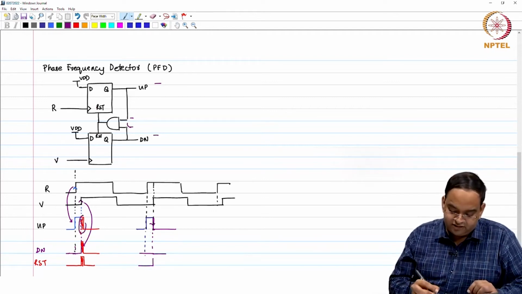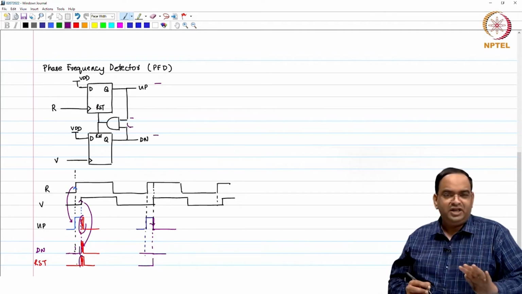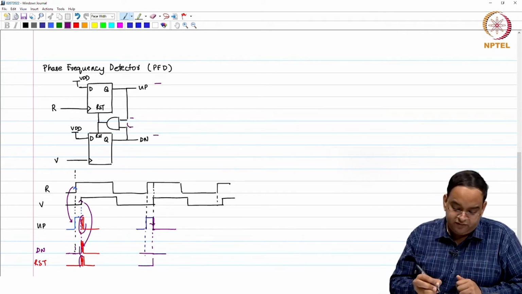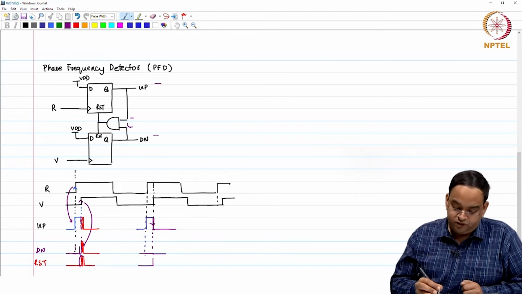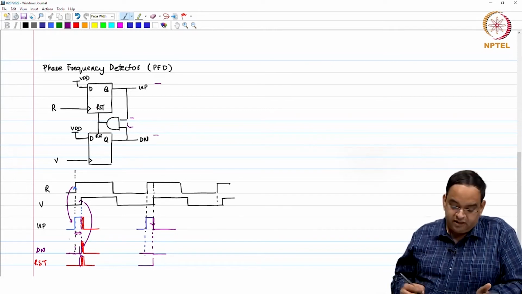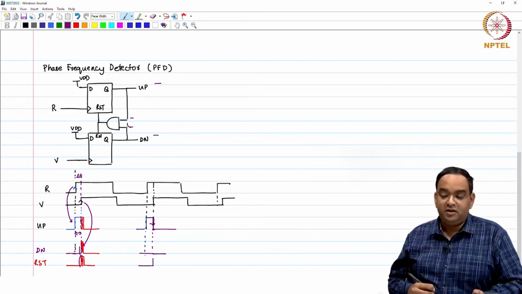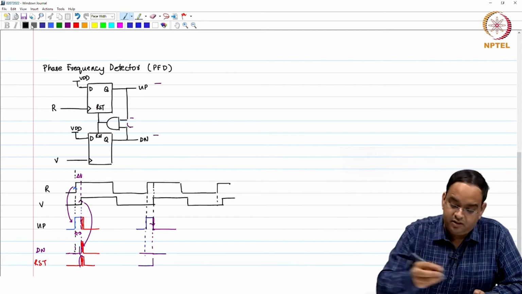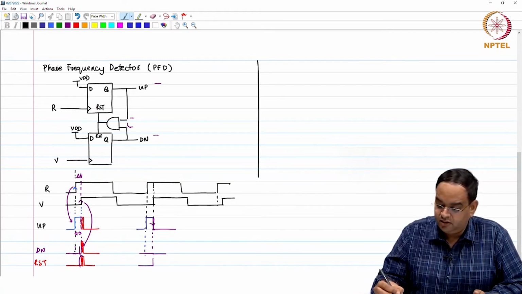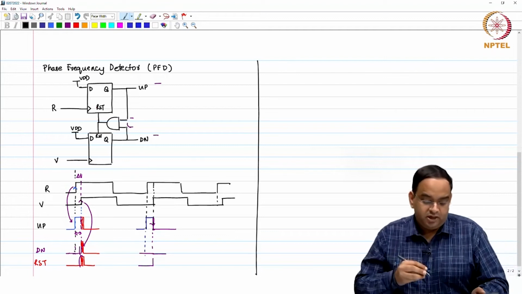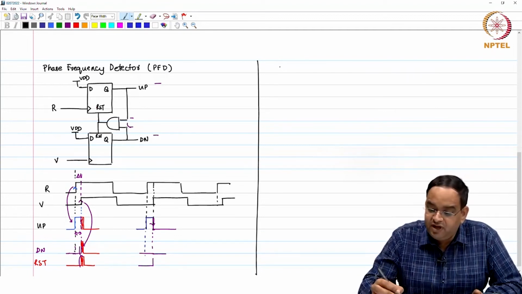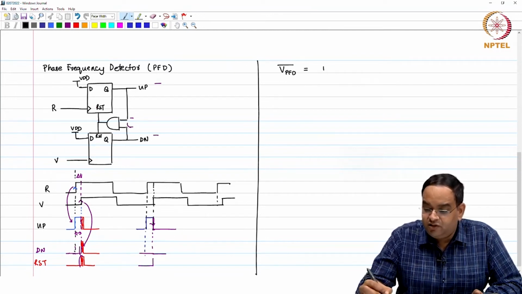Here I am showing that there is some kind of delay associated with it, but the actual phase error information is in this part only, right. So, now you look at up minus down: it is high only during the time of the phase error. So, this is delta t. If I want to write the average of the PFD output, V PFD average is equal to up minus down average.